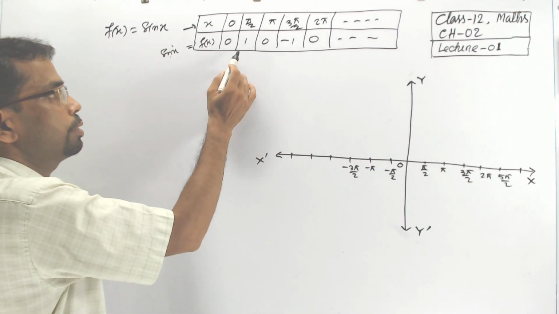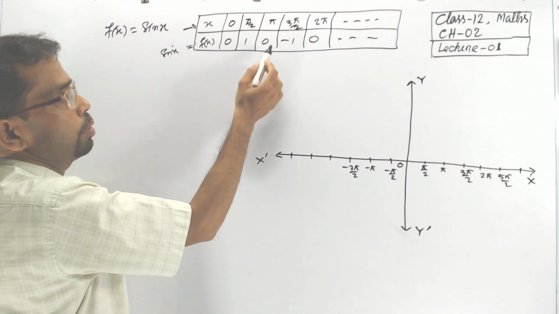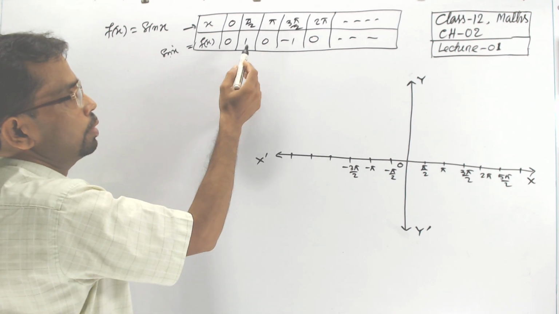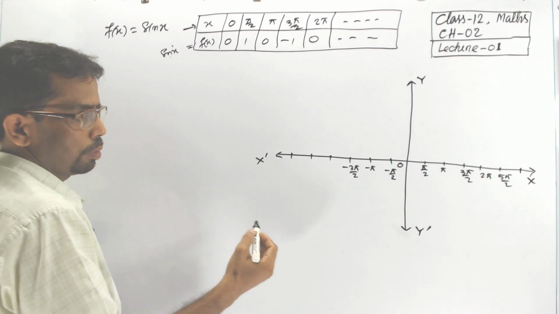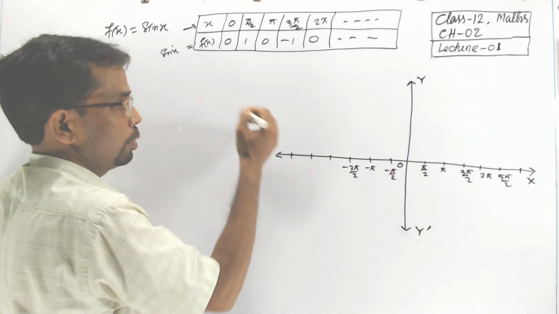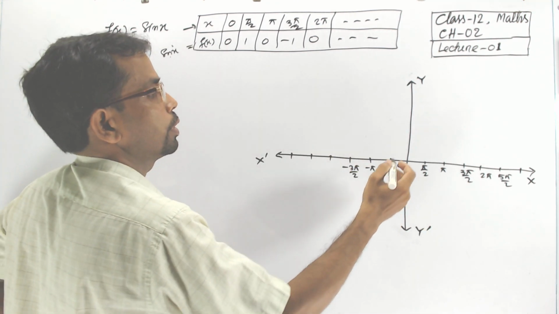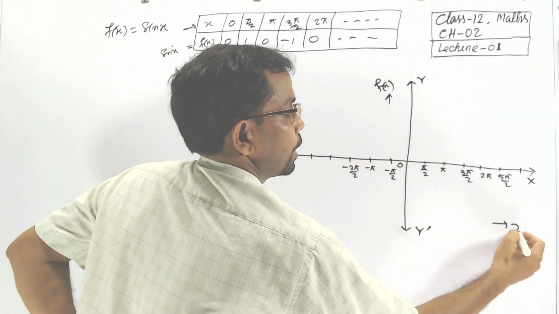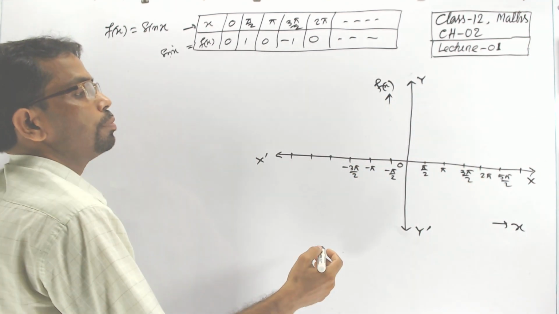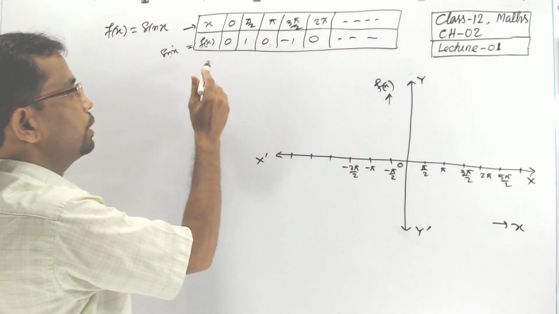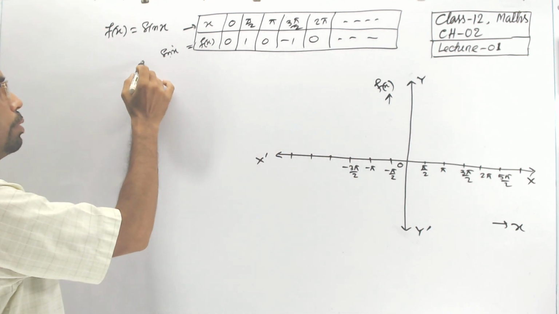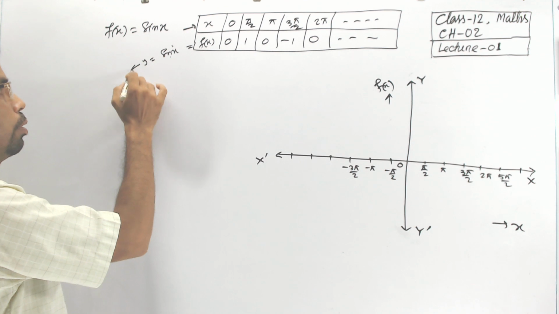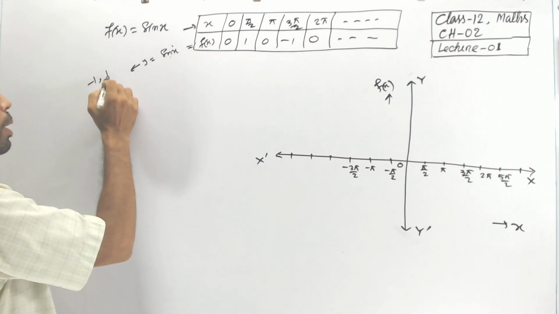And we can clearly see the f(x) values: the minimum is minus 1, the maximum is 1. So f(x) is along the y-axis, and the x value is along the x-axis only. Along the y-axis the value goes from minus 1 to plus 1.